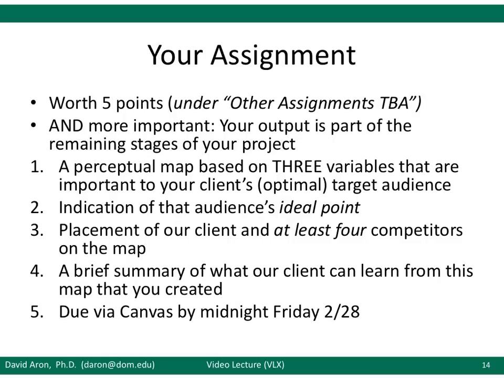How do you indicate 3 variables? A vertical axis, a horizontal axis, and then the size of the circles or the markers you use to indicate each competitor. I would like an indication of your optimal target audience's ideal point. I would like to see placement of our client and at least 4 competitors on this perceptual map.